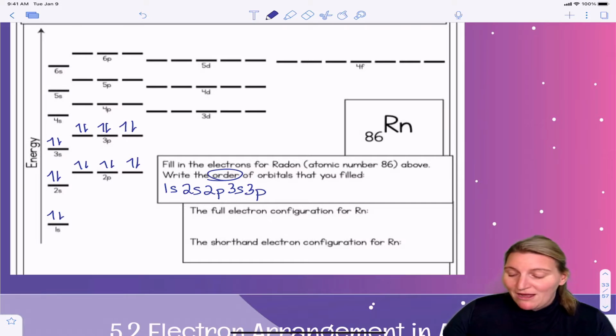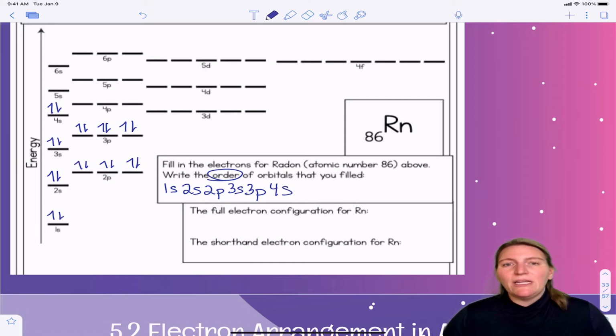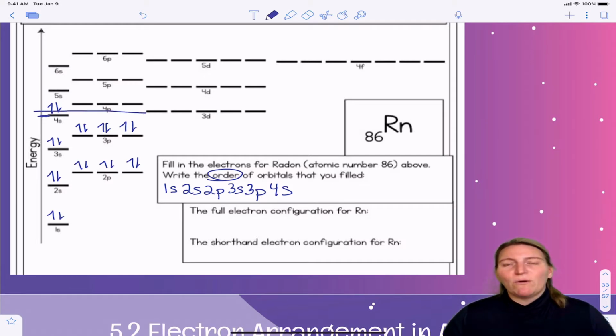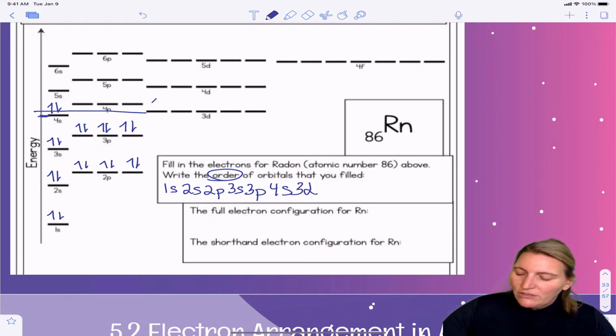After 3p come the 4s. And you can see the 4s and the 3d are very similar, but if you actually look over, you can see 4s is lower. So now I fill the 3d, and 10 electrons can go in there.